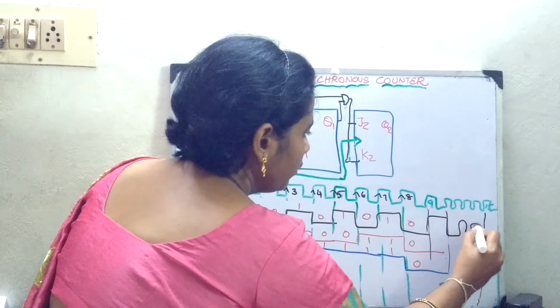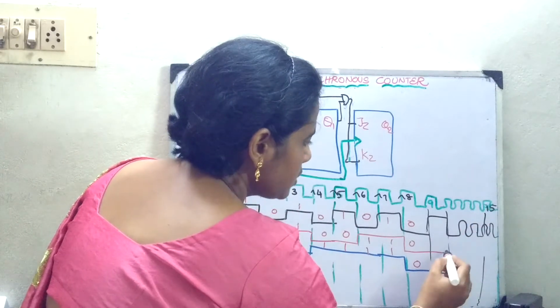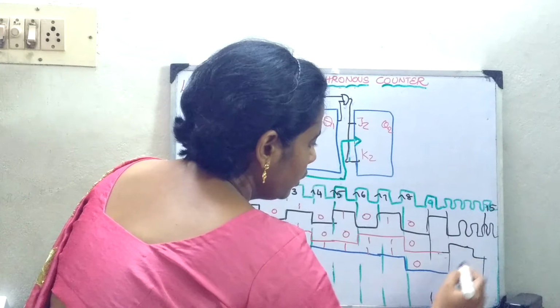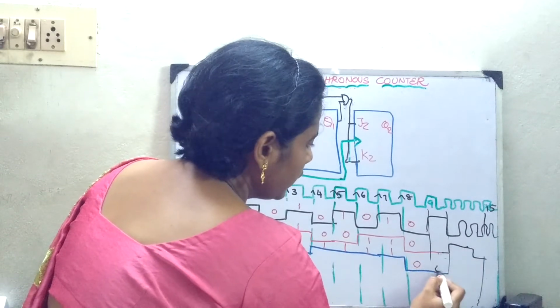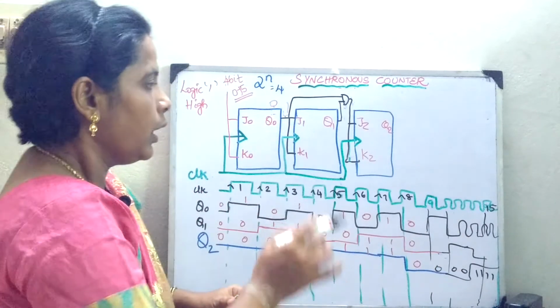So it will be toggling for, I am not drawing it correctly here. The thing is that you should know this is the 15th, okay. Just follow the logic alone here. So it will be 4 places 0, again 4 places 1.